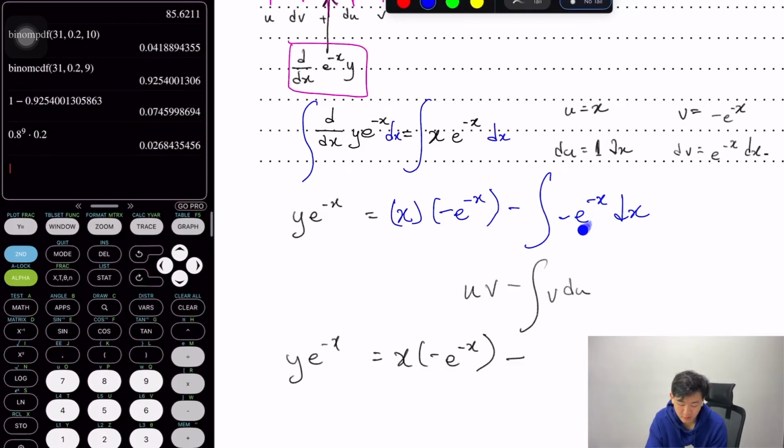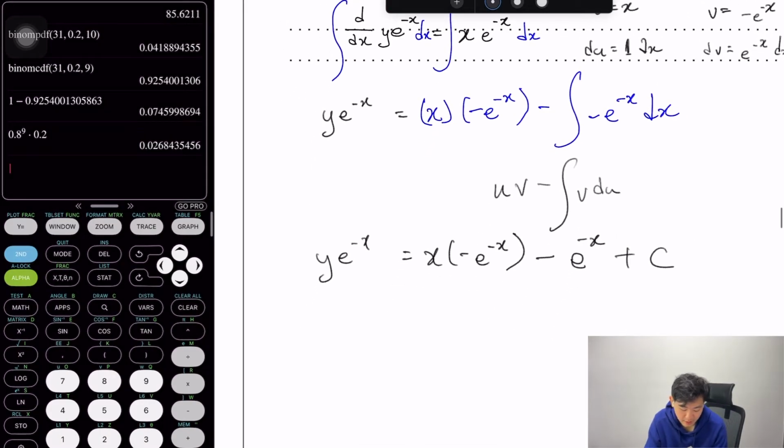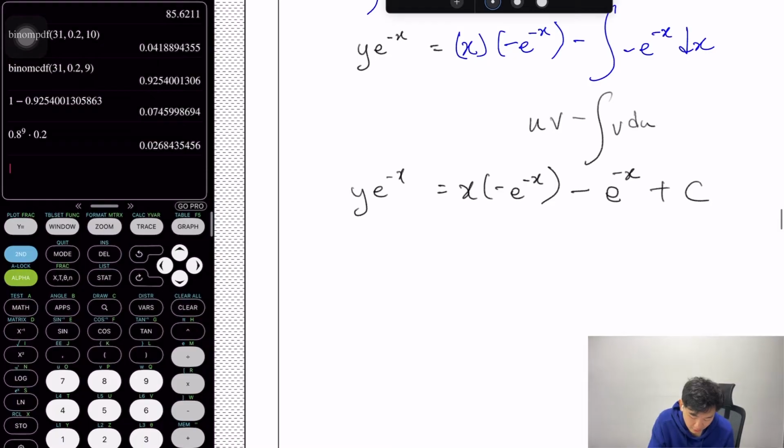Integrating means you find the version before you differentiate it, so it should be itself divided by the derivative of the exponent, which is e to the power of negative x. Of course, you put c, and then at the end, everything is divided by e to the power of negative x.